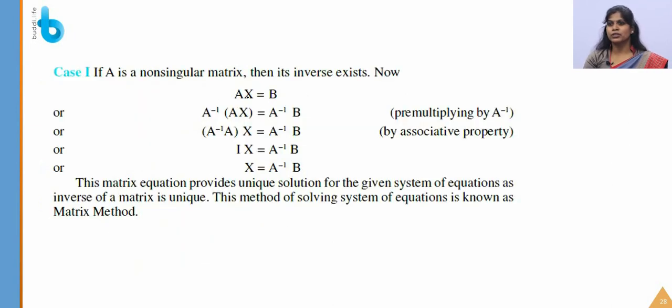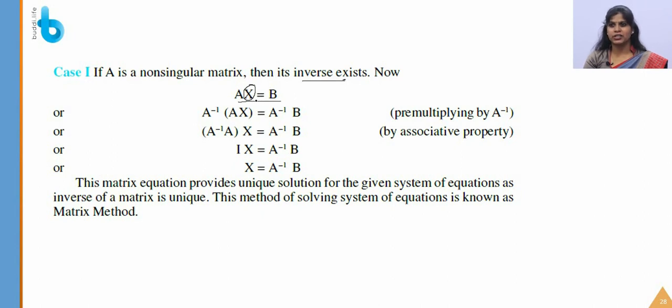The given equation we have written in the form of matrix, and since it is a non-singular matrix, the inverse exists. I want the value of the matrix X alone, because the matrix X contains the unknown variables x, y, z.